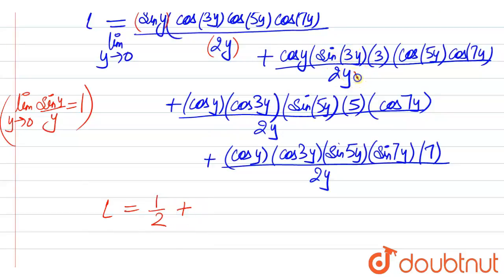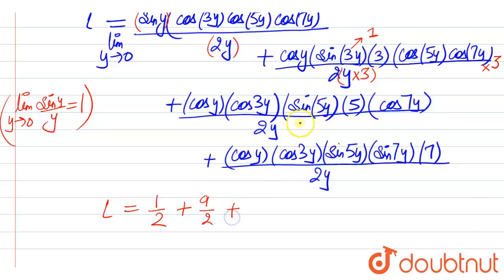Okay, so we will multiply by 3 here, this becomes 3y, and also we are dividing in the denominator, so we need to multiply by 3 on the numerator also. Okay, so this again becomes sine 3y divided by 3y, which would be 1, and the rest of the terms are also 1, so we are left with only 3 into 3, this is 9 by 2.